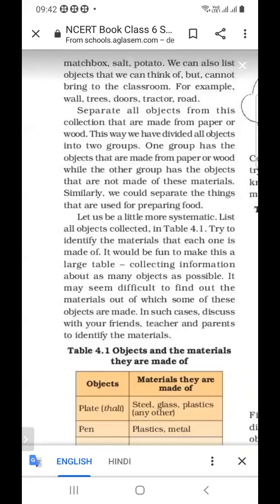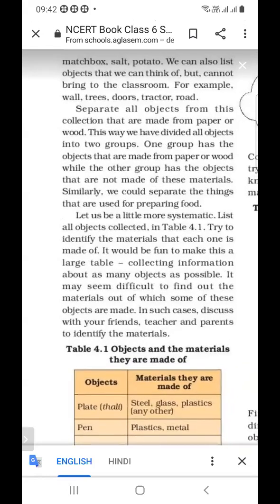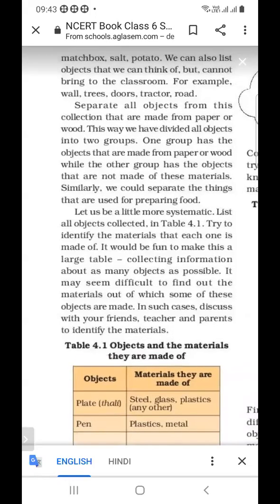We separate the things because of classification; because of grouping of objects, our work becomes easier. So we are dividing the objects into two groups.